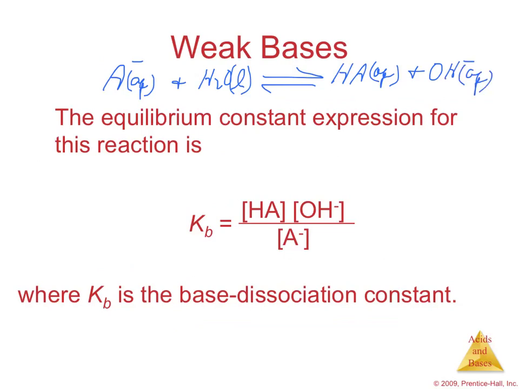So remember, if this A minus comes from a weak acid, it wants something from water. So it's actually going to react with the water to protonate that A minus to give me the HA and generate some hydroxide ion. And I can write the Kb for this reaction, which would be the products over reactants. Remember, we don't include the water, so it's the HA times the OH minus concentration divided by the A minus concentration.